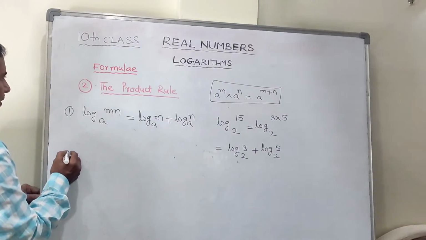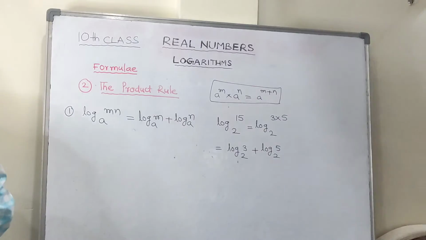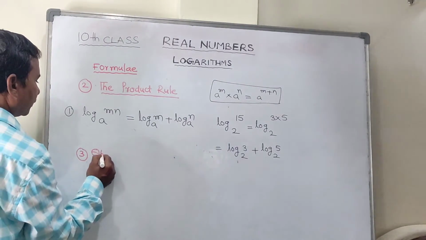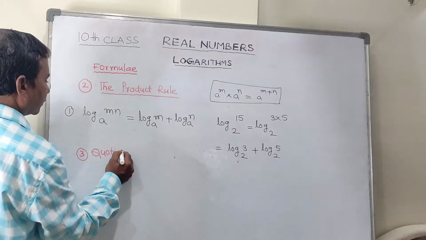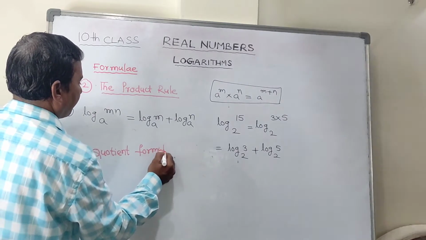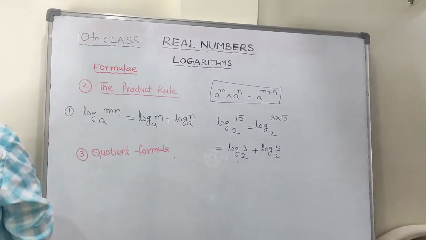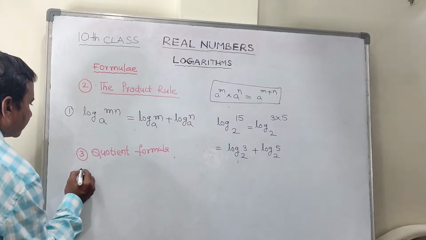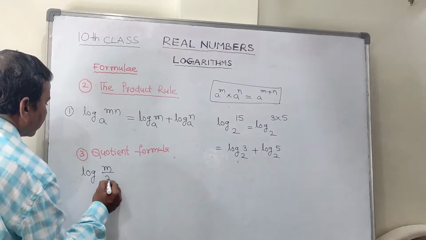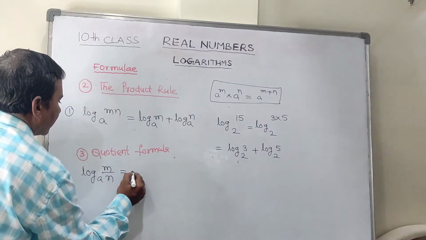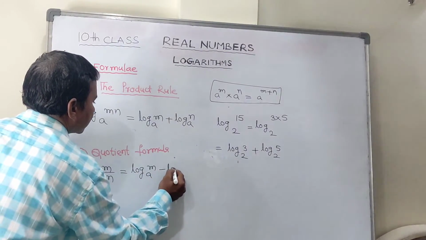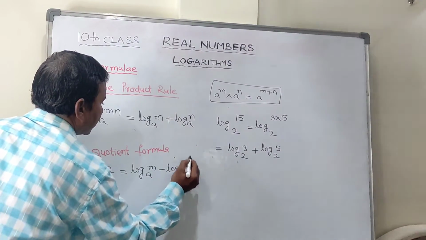Now, the quotient formula. Quotient formula is log m by n to the base a equals log m to the base a minus log n to the base a.